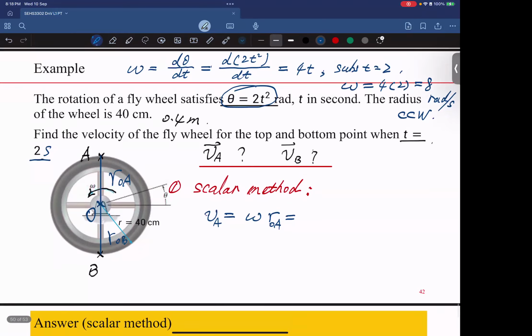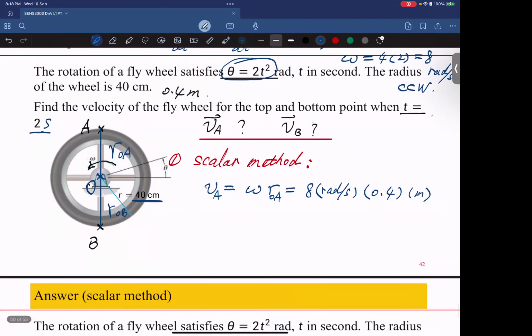So omega times ROA, which is 0.4 meter, right? 8 radian per second times 0.4 meter. So finally, for the number, it is 8 times 0.4, it's 3.2. And for the unit, it's meter per second, which is the unit of velocity, right?